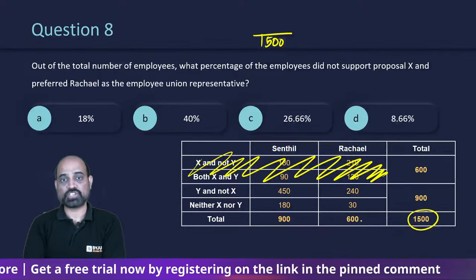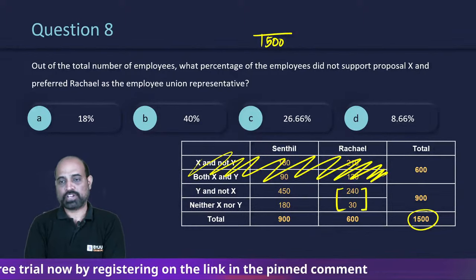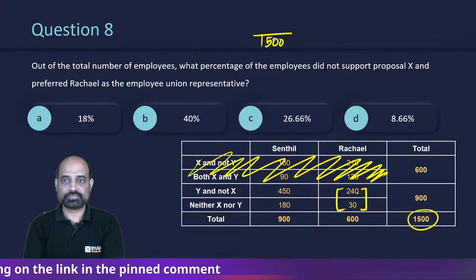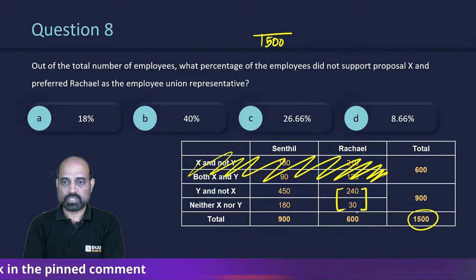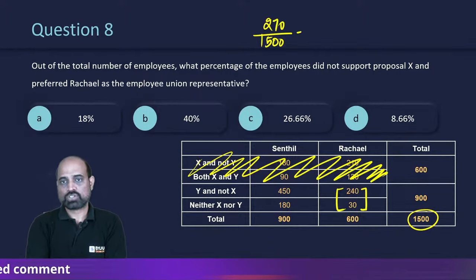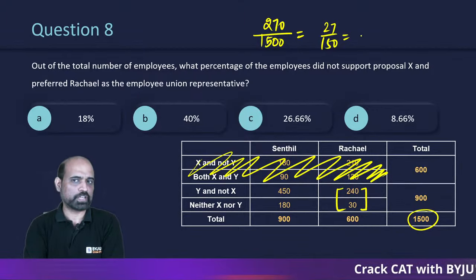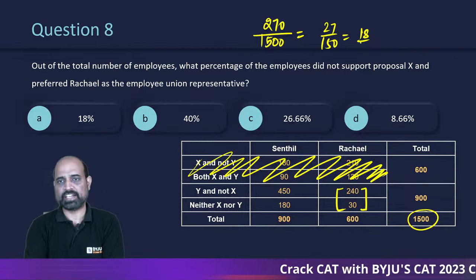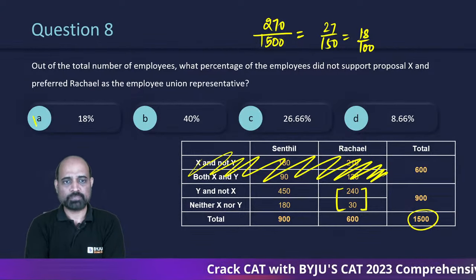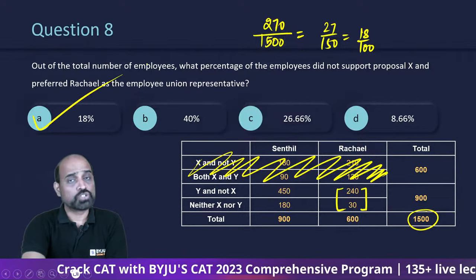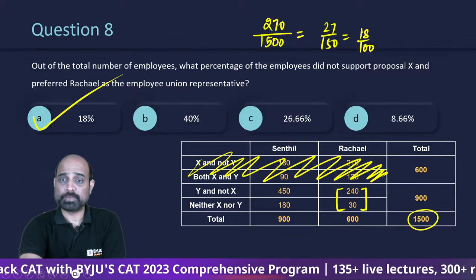And preferred Rachel as the employee, we have these many people. 270. So we can get rid of 0. So we have 27 upon 150, or 1/3 हटा देते हैं, तो we will have 18 upon 100. So 18%. These 270 people out of 1500 people is 18%.